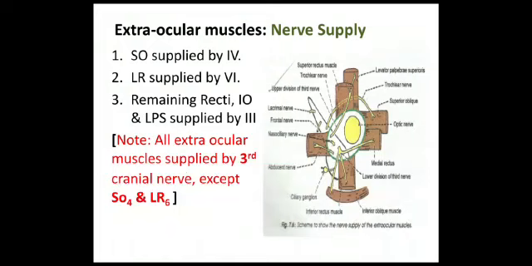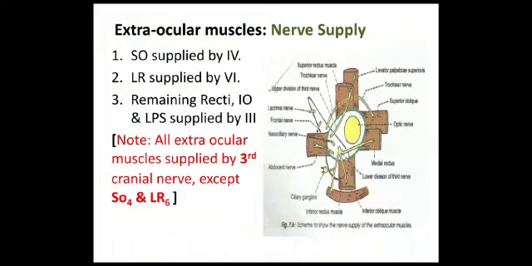So coming to the nerve supply of all the extraocular muscles, the superior oblique is supplied by the 4th nerve, also called as the trochlear nerve. The lateral rectus is supplied by the sixth nerve, also called as abducent nerve, and the remaining recti, that is superior rectus, inferior rectus, and medial rectus. Apart from that, we have the inferior oblique and levator palpebrae superioris.